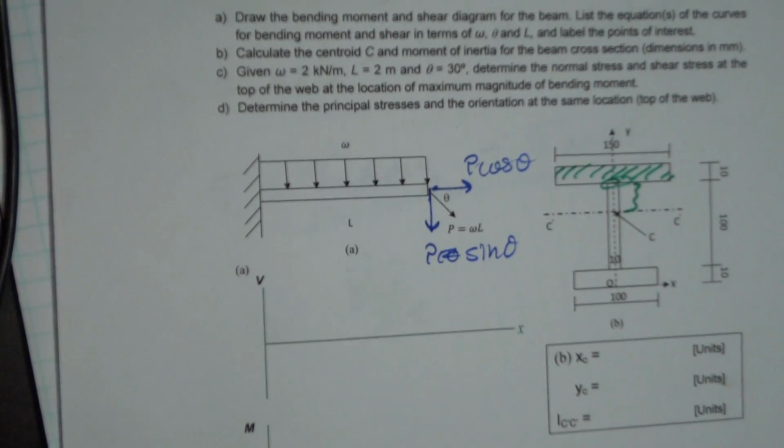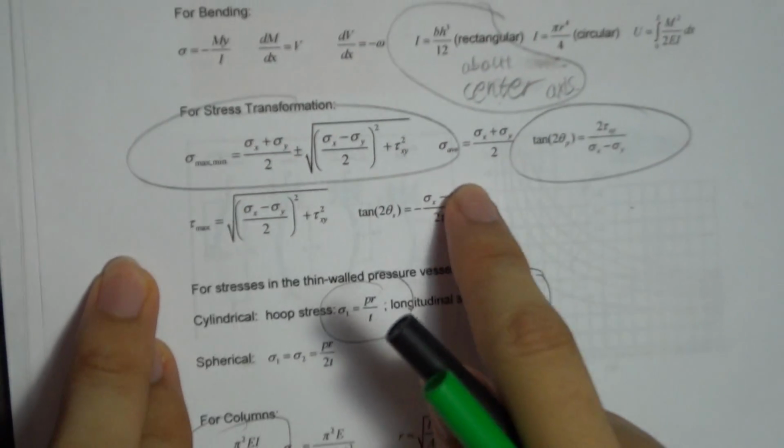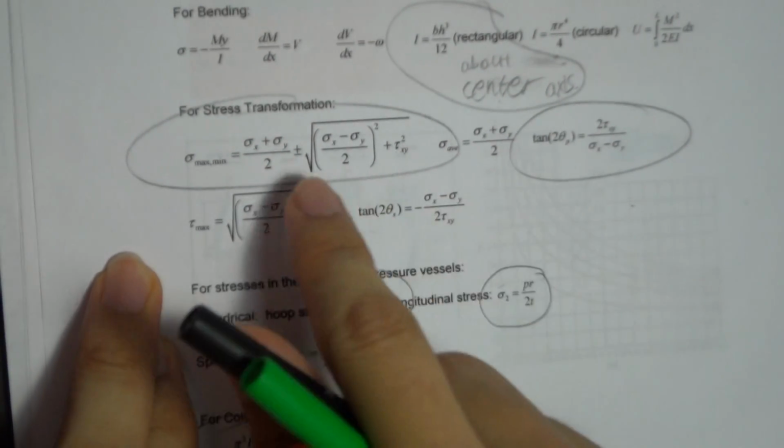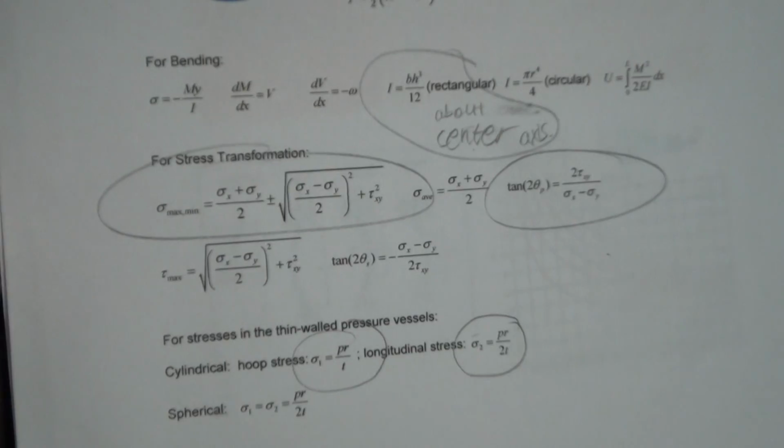Finally, part D is just plugging into that equation again from number 2. That's all you have to do. Sigma y is going to be 0 in our case because we have no stresses in the y direction. We only have stresses in one direction, so one of them is going to be 0. It doesn't actually matter which one you make 0 because it should all cancel out.